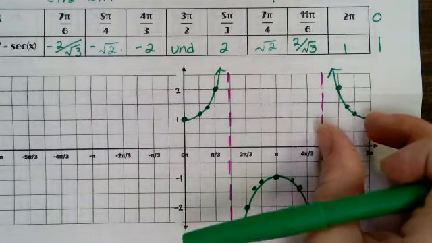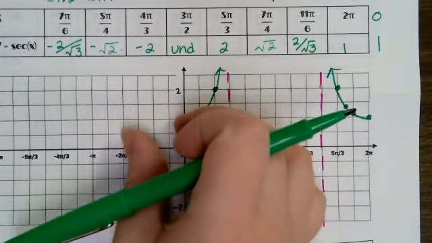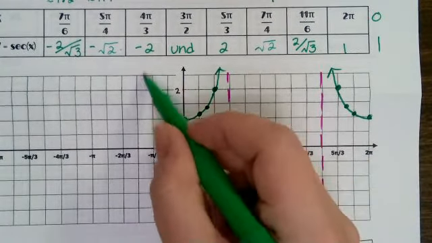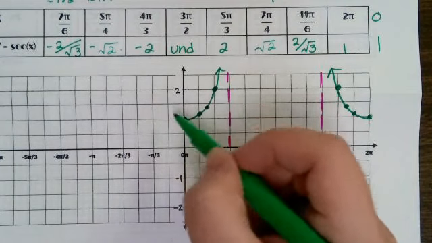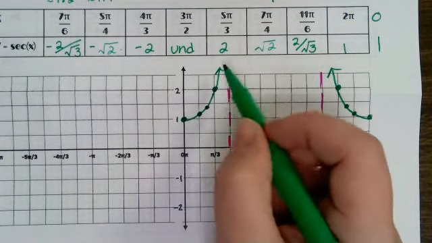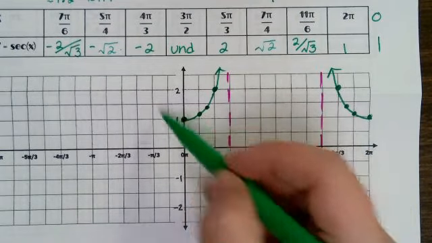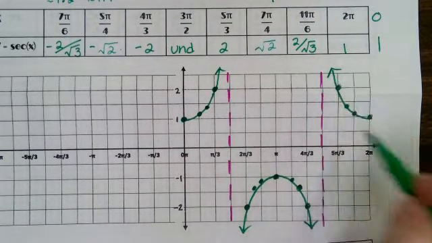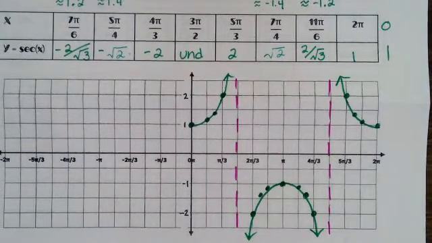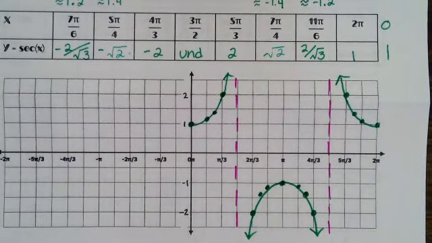And I want you to imagine if I took this guy and I copied it over here, that's going to curve back up, okay? So really we just get these alternating values where they curve up, curve down, curve up, curve down.